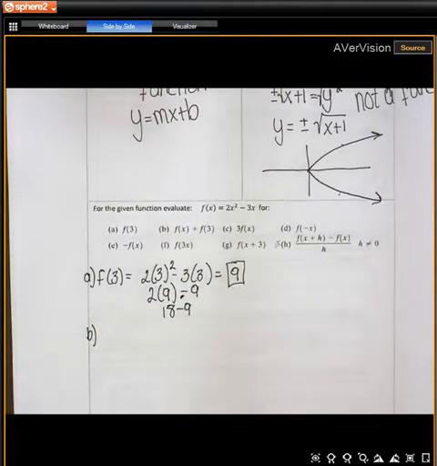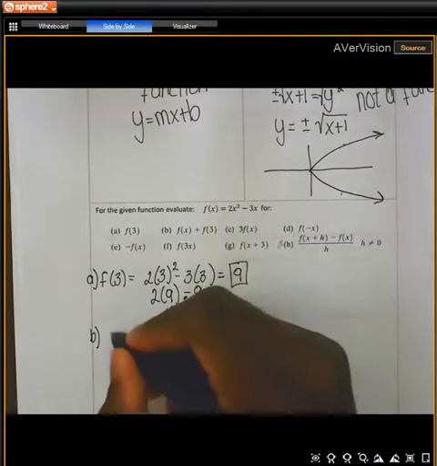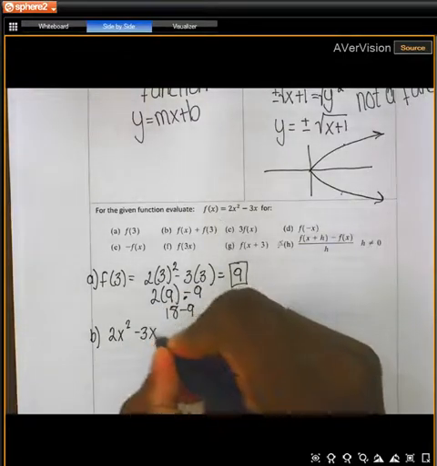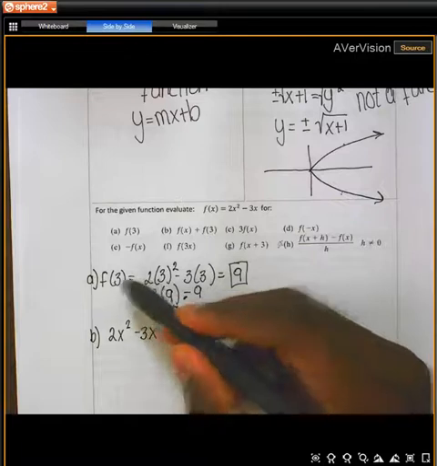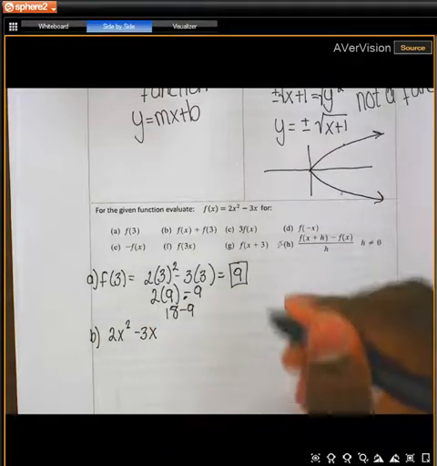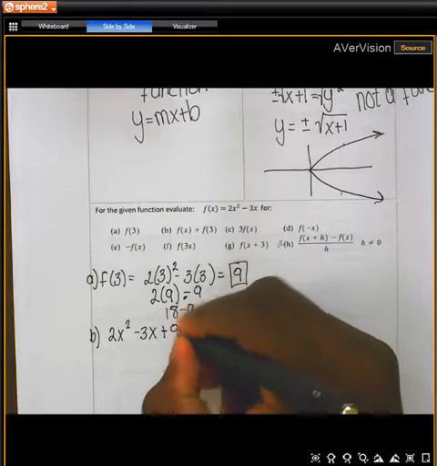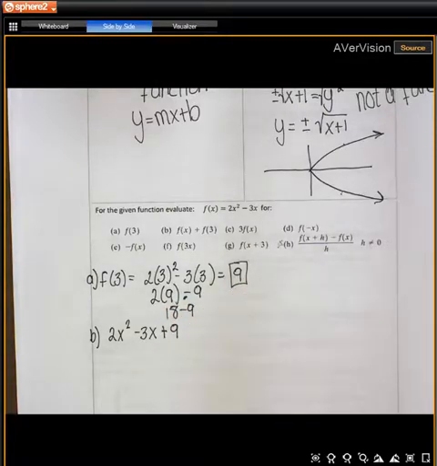B is asking us to take f of x and add it to f of 3. f of x is 2x squared minus 3x, and we just found out that f of 3 is 9. So that's it.